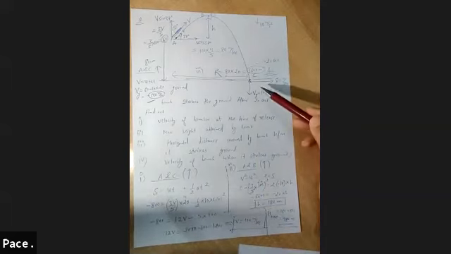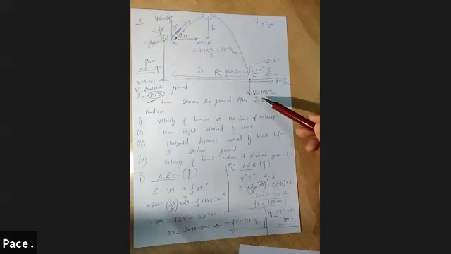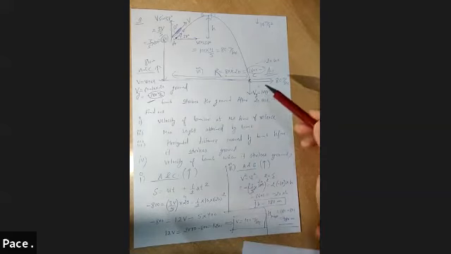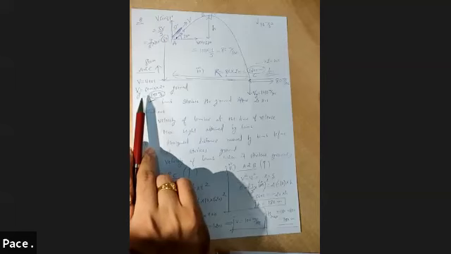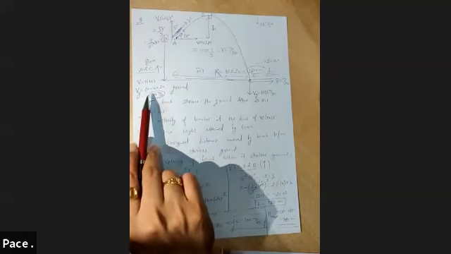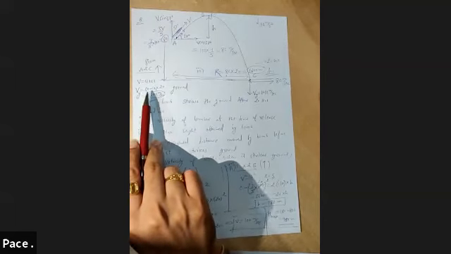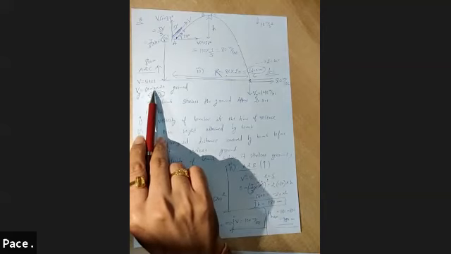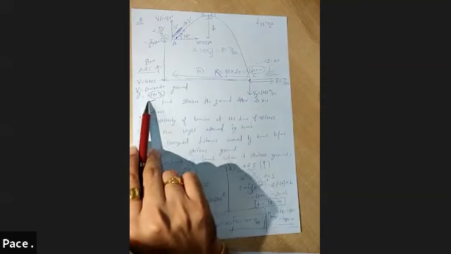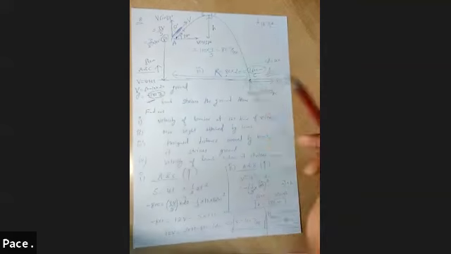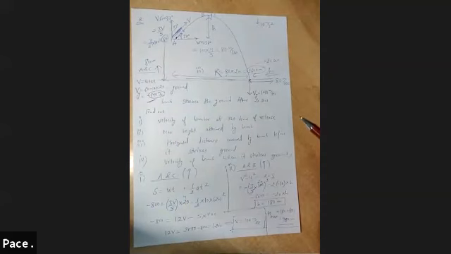And this vertical component we have to find out, which you can find by applying V is equal to U plus at. U is 60, minus acceleration 10 multiplied by time 20. It comes out to minus 140 meter per second. This minus sign indicates that the particle is moving in the downward direction. And now you can find the resultant of these two, 80 and 140.